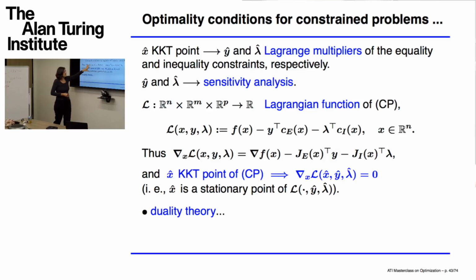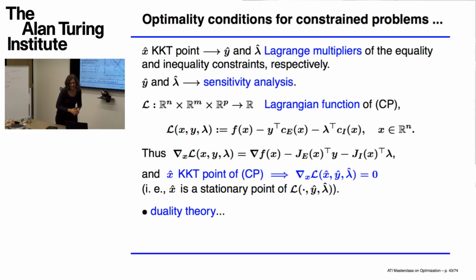There is a lot of machinery here that relates to duality theory and associates to our problem a problem depending on y and lambda, a dual problem. But I don't have time to go into all that. And anyway, for non-convex problems, this duality theory is only locally true. But essentially, there is an unconstrained problem that underlies all this KKT characterization.